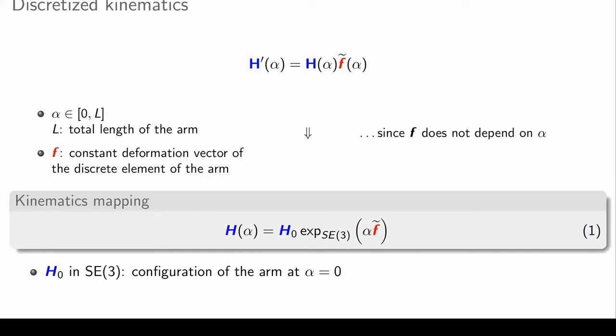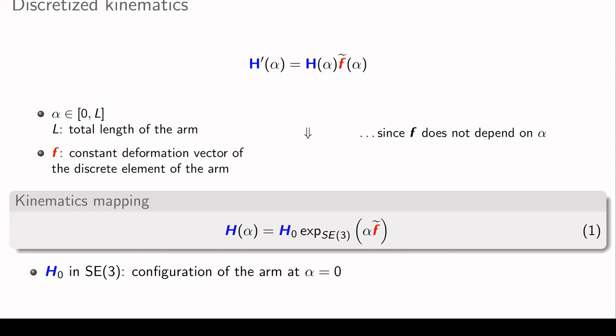So looking at the differential kinematics, since the helix has a constant deformation, this equation is integrable, and the solution is represented by the exponential mapping.